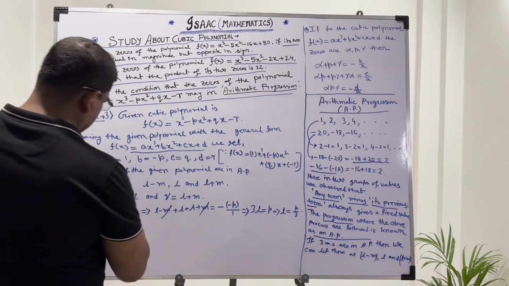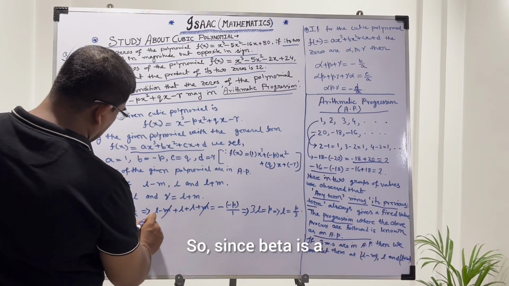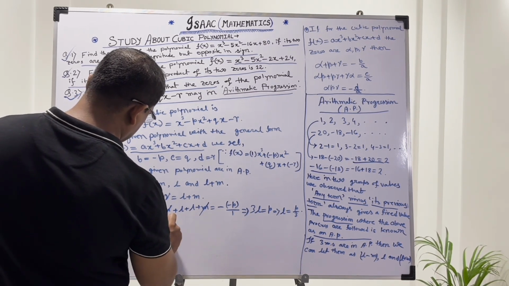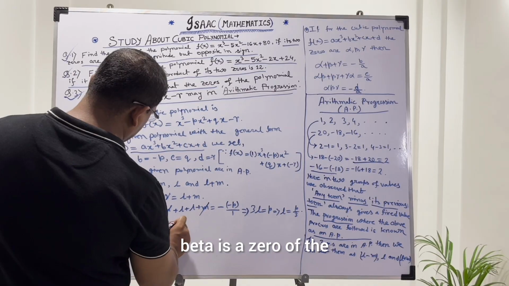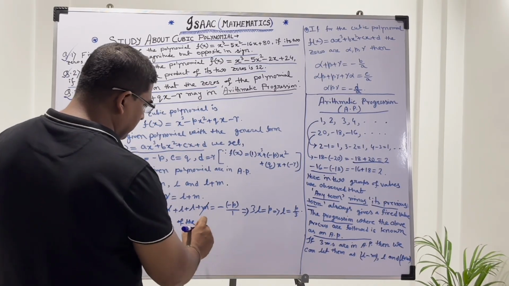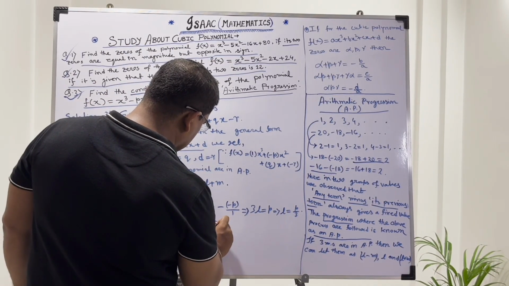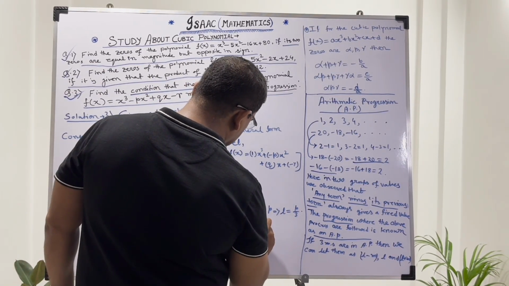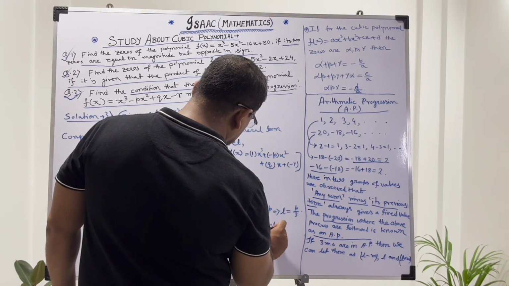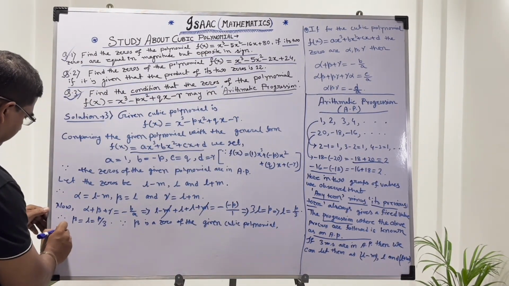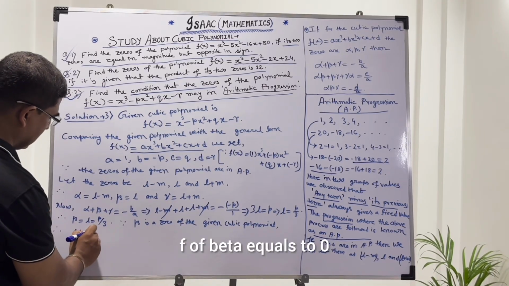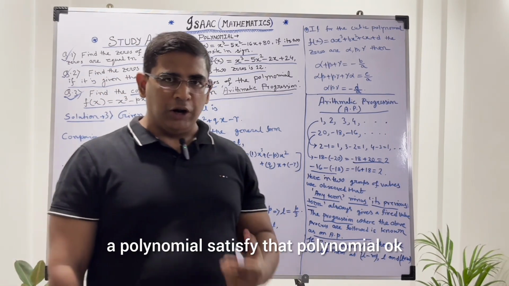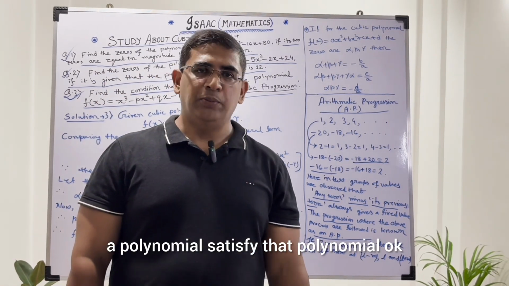Since beta is a zero of the given cubic polynomial, f of beta equals 0, because every zero of a polynomial satisfies that polynomial.